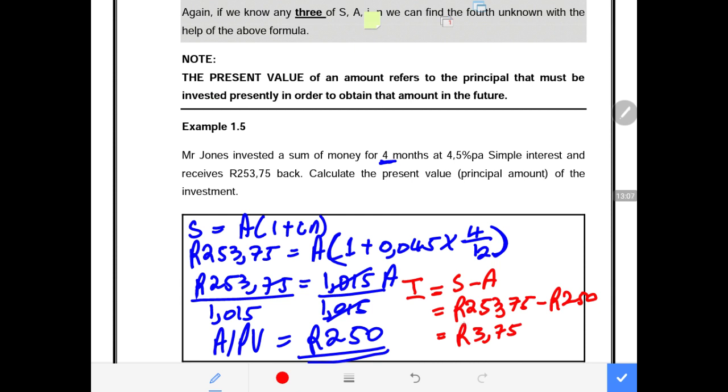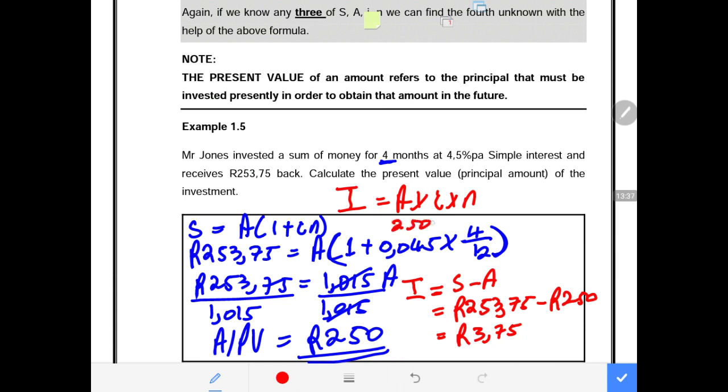Now this is the interest calculation in the case where we have been given the accumulated amount, and then the present value will give you the interest amount. And remember, we know that the initial formula to calculate interest equals A times i times n. So if we want, we can still verify if this interest gives us the same when we use the normal formula.